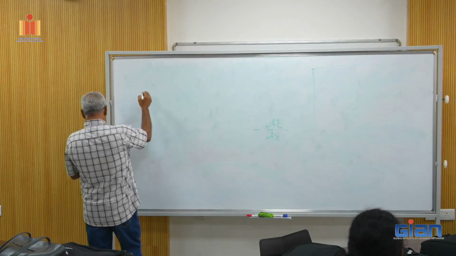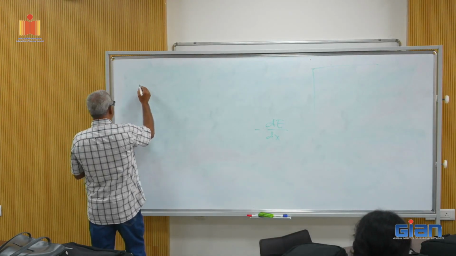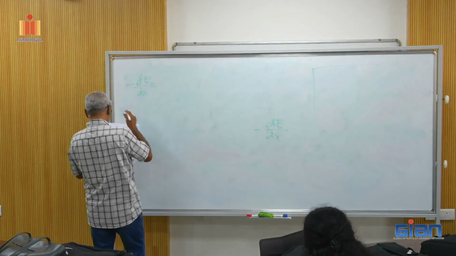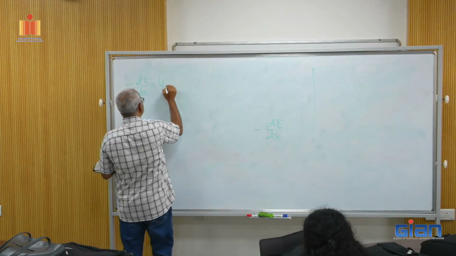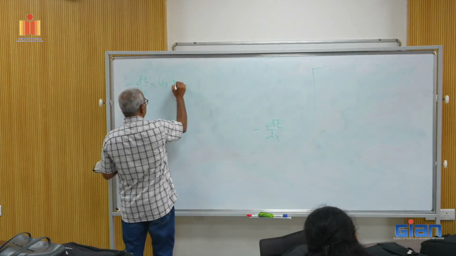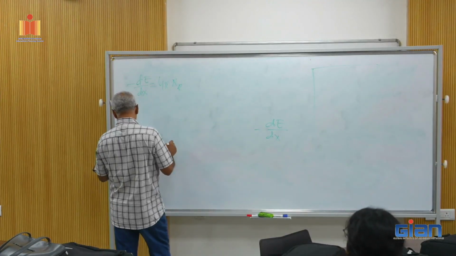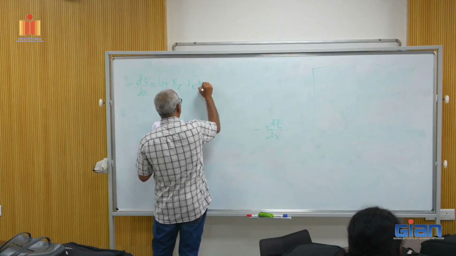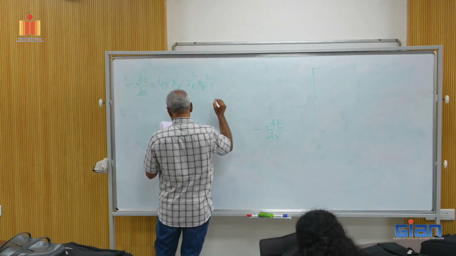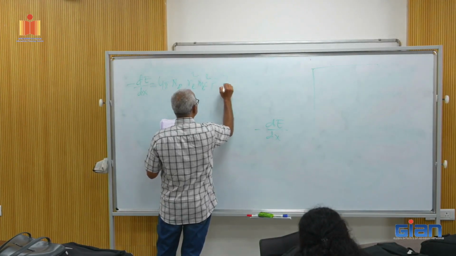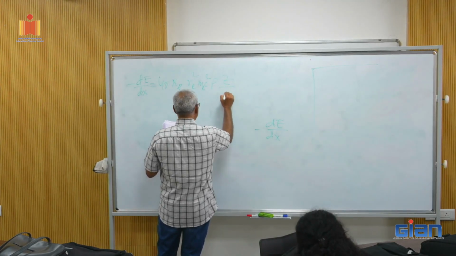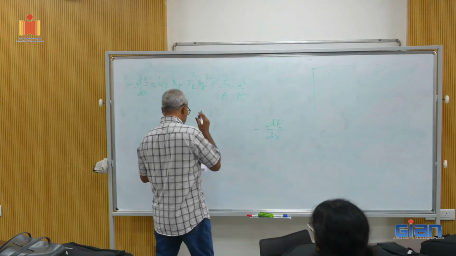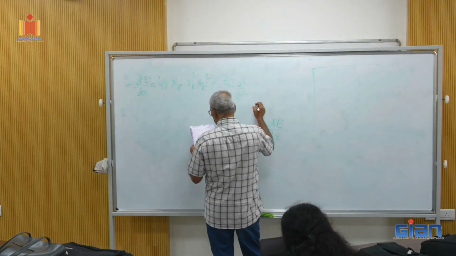So let's say you have minus dE over dx equal to some constant, let's say 4 pi times the electron number density, again re square, me c square, the density of the matter Z over A, small z square over beta square, beta equal to v over c.